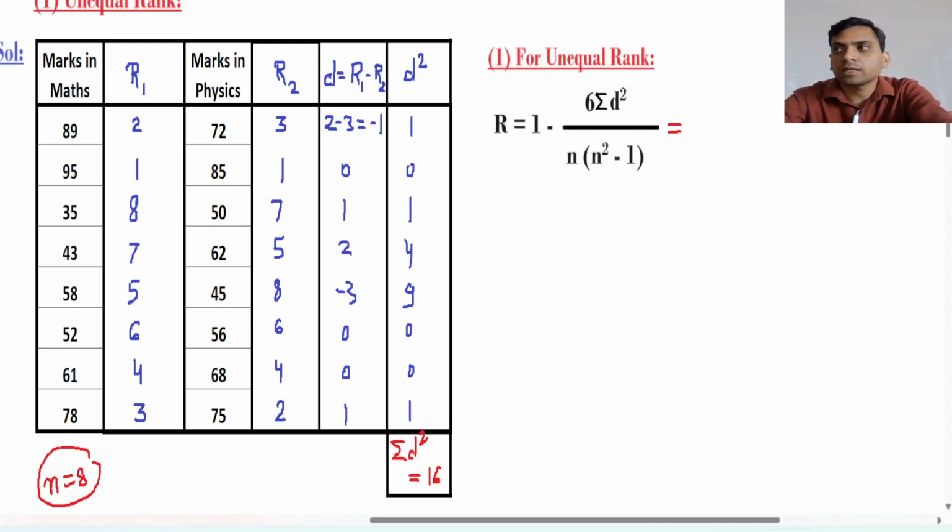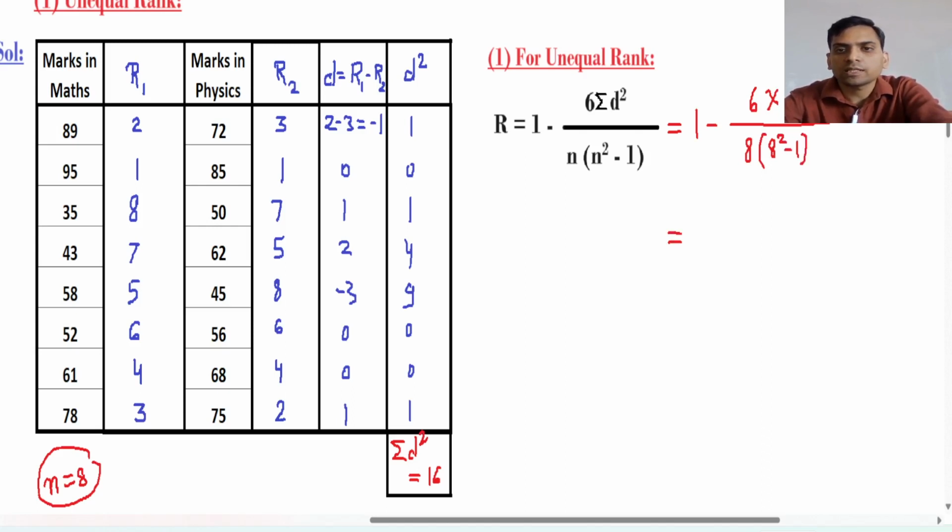Okay, so now we will put all these values in this formula. You will see this as 1 minus 6 summation D square. So 6 into summation D square is 16, divided by n, which is 8, into 8 square minus 1.